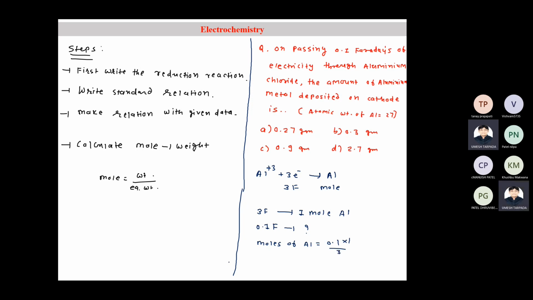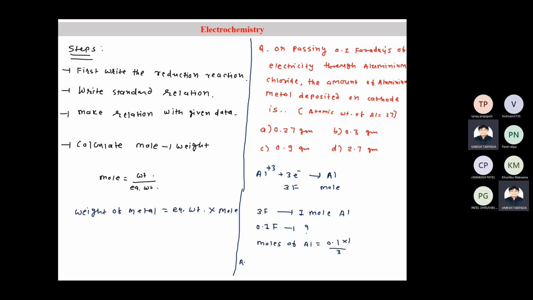How to calculate weight? The weight is equal to... make weight the subject of the formula. So you simply multiply equivalent weight with moles. So you are getting the weight of aluminum.